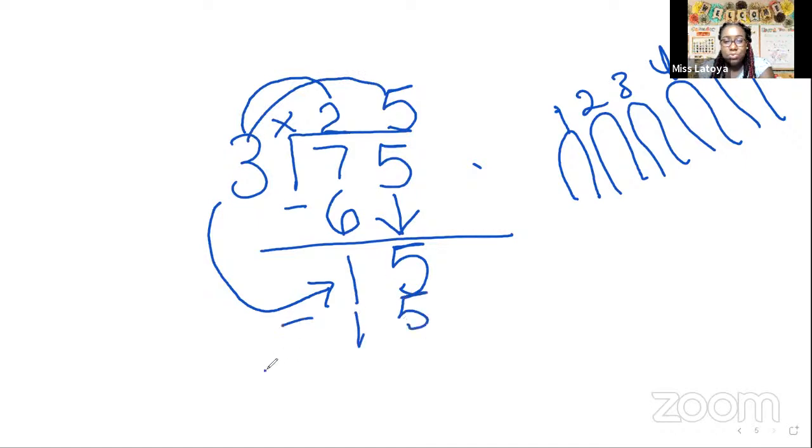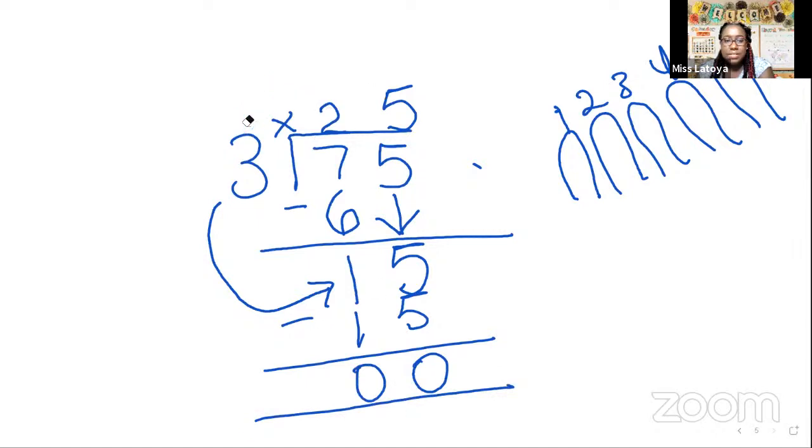And then we subtract. 5 take away 5 is 0. 1 take away 1 is 0. So 3 can go into 75 25 times. Are we seeing this? 25 times. Okay, so we're going to work out one more.